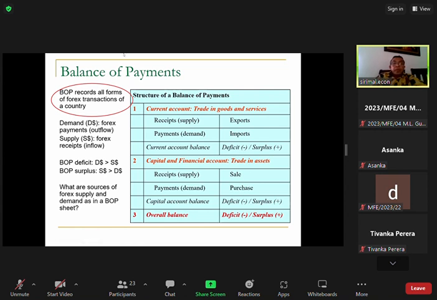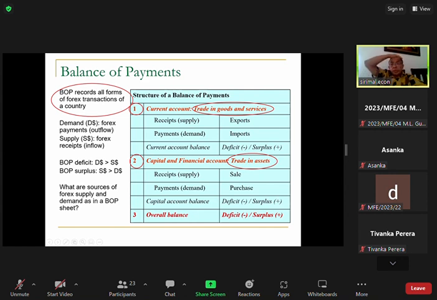Now you can see there are two important accounts in the balance of payments. One, as you know, is called the current account. In our model, we are talking about trade in goods and services. The second account is the capital and financial account, and for our purpose, we are talking about trade in assets.